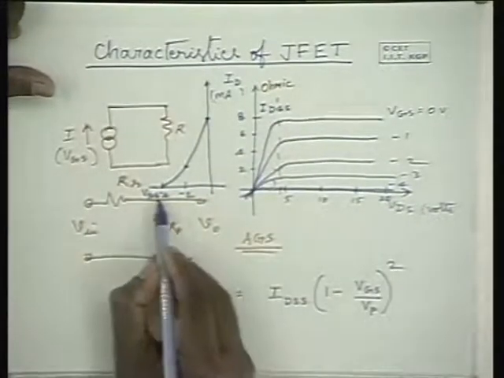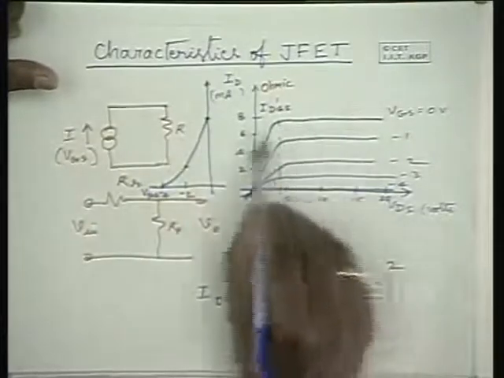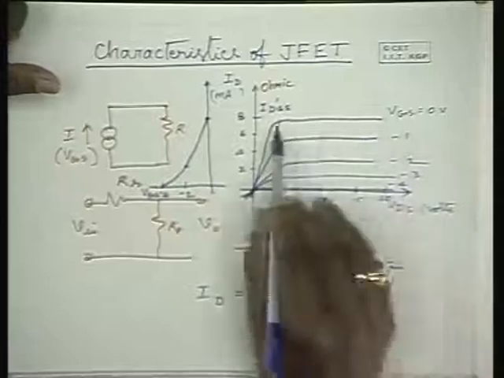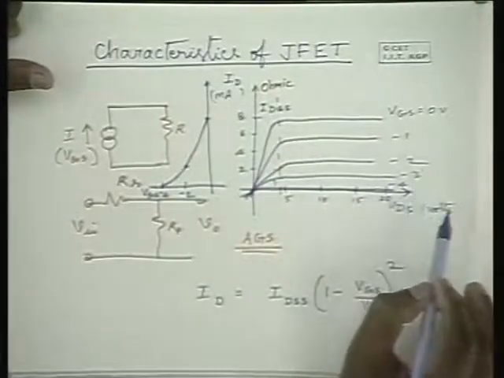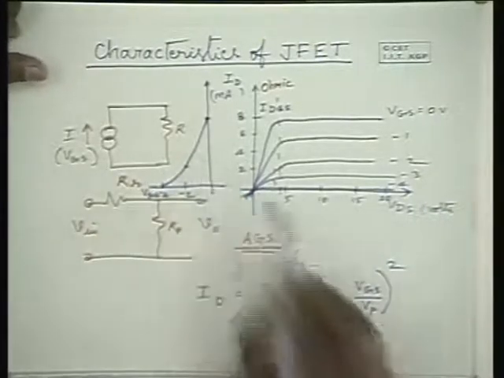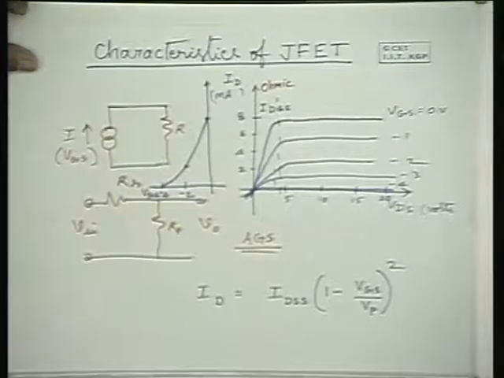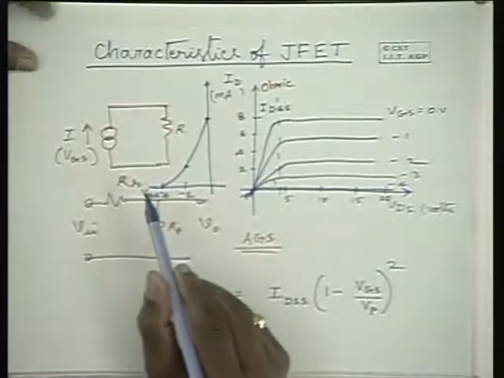Please note that VGS is negative and ID is like this. This curve itself reflects how ID depends on VGS, but it's for discrete values. Now here it is a continuous plot, and the mathematical relationship is like this. Now once the characteristics is given to you, this is known as the transfer characteristics, as I already mentioned.